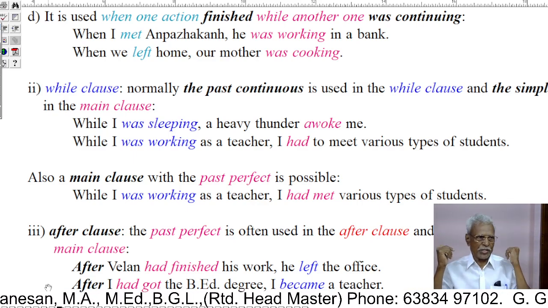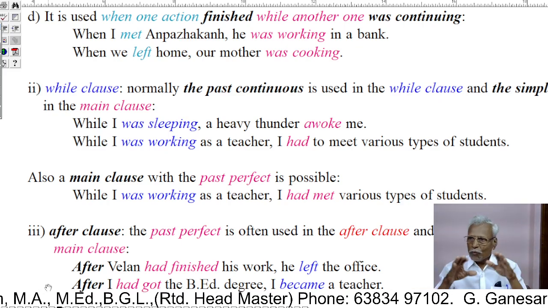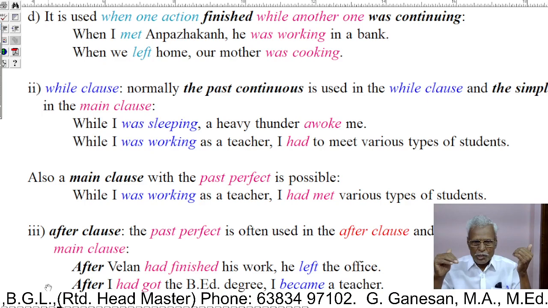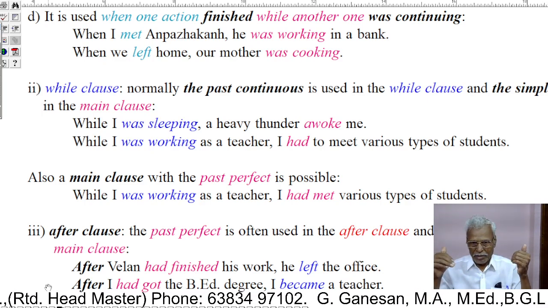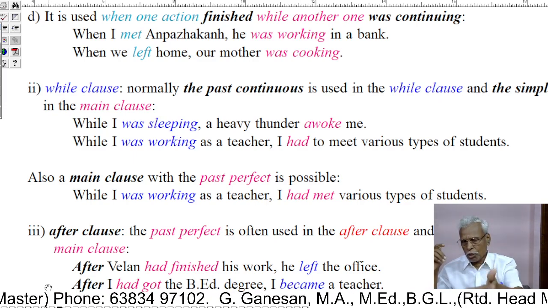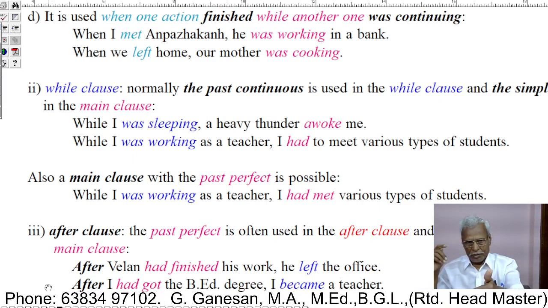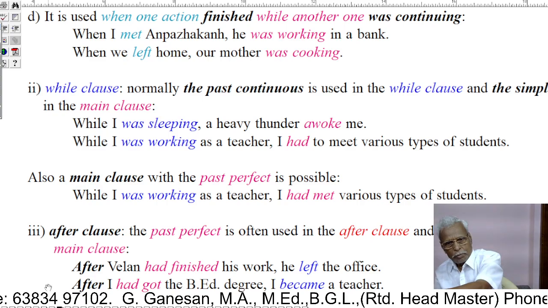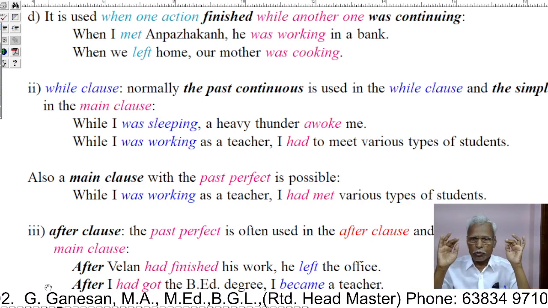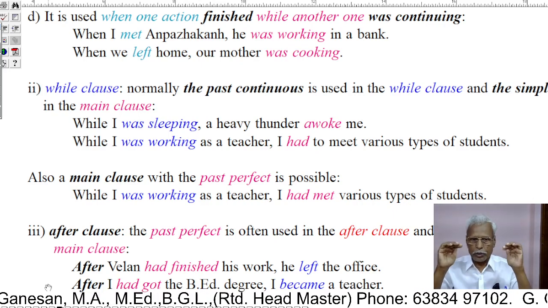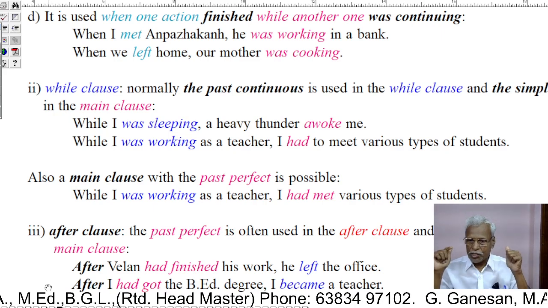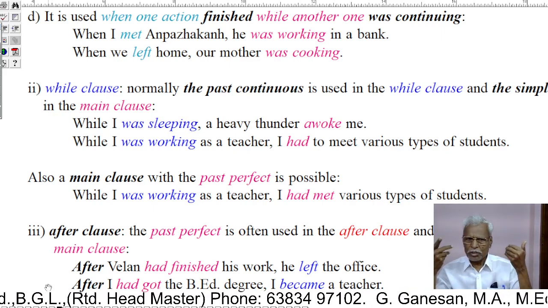Also, the main clause with the past perfect is possible, as in the case of the when clause. Here also we can use the while clause with the past perfect of the main clause. While I was working as a teacher, I had met various types of students. You can express it both ways.